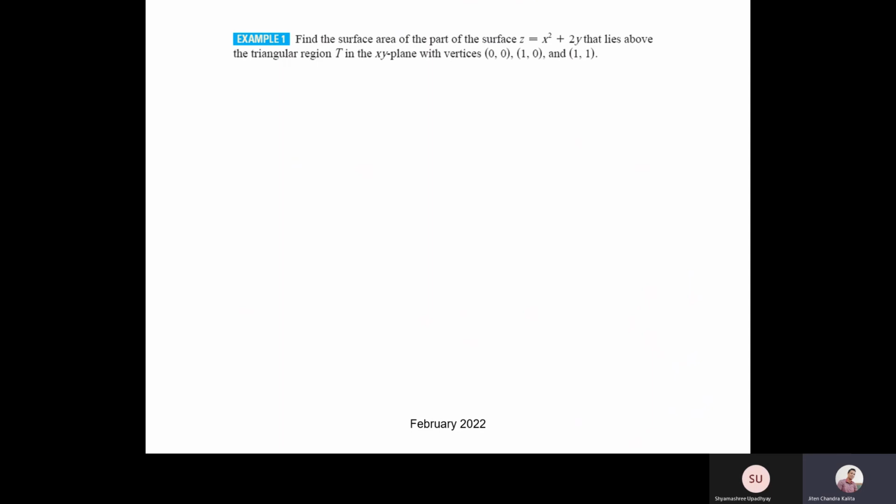This is one example. Find the surface area of the part of the surface that lies above the triangular region T in the xy plane with the given vertices. I am going to find the region D. Here z equals x squared plus 2y.